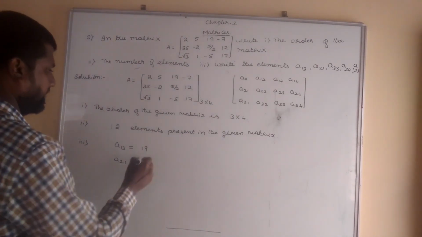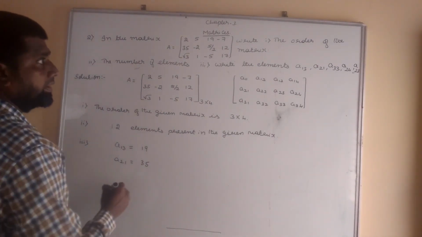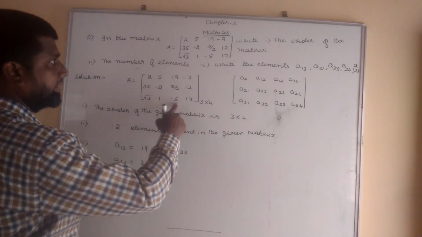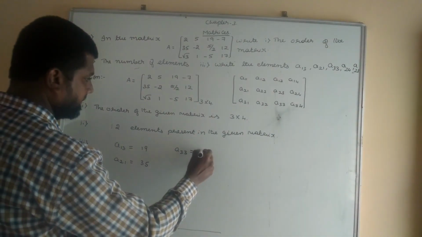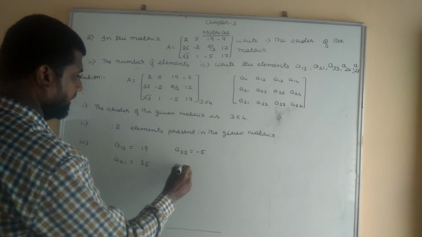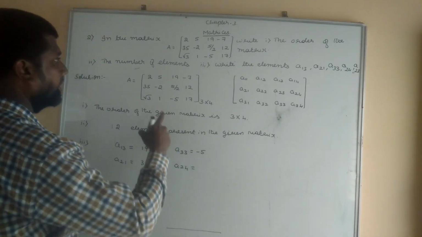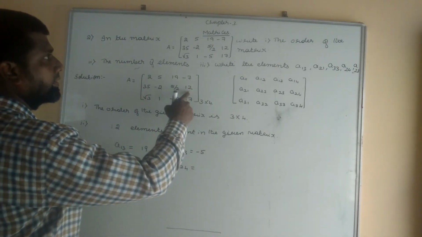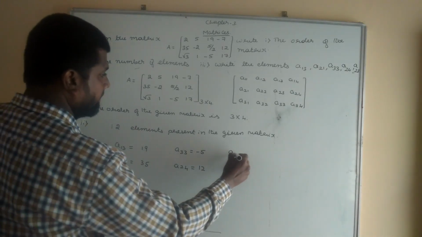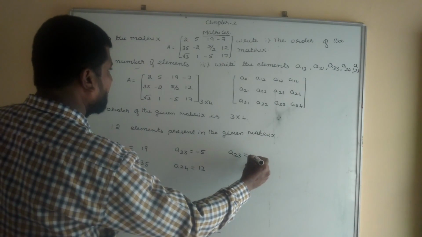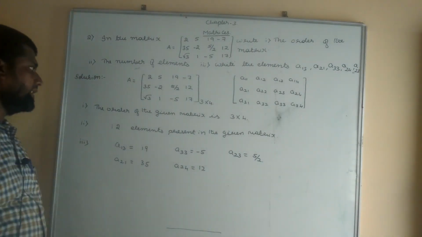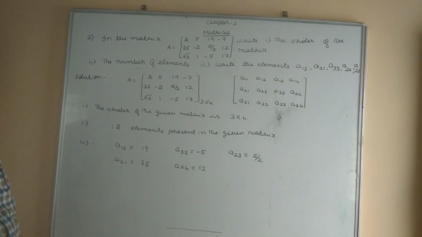A21 means 35. The next one is A33. A33 is minus 5. Then A24 is 12. Then A23 is 5 by 2. So this is the solution for the second problem.